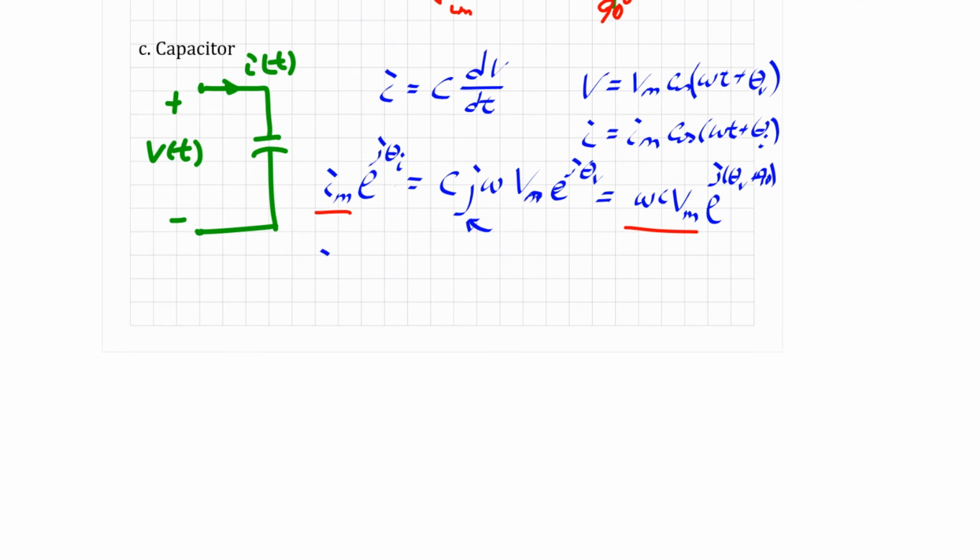So the Im is equal to omega C times Vm. And frequently we want to write this down in terms of Ohm's law. So we want to divide Vm by 1 over omega C.